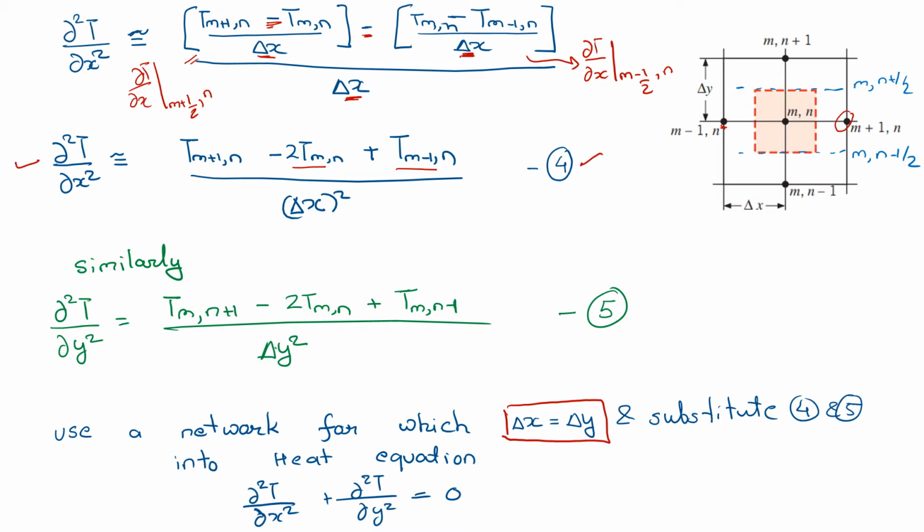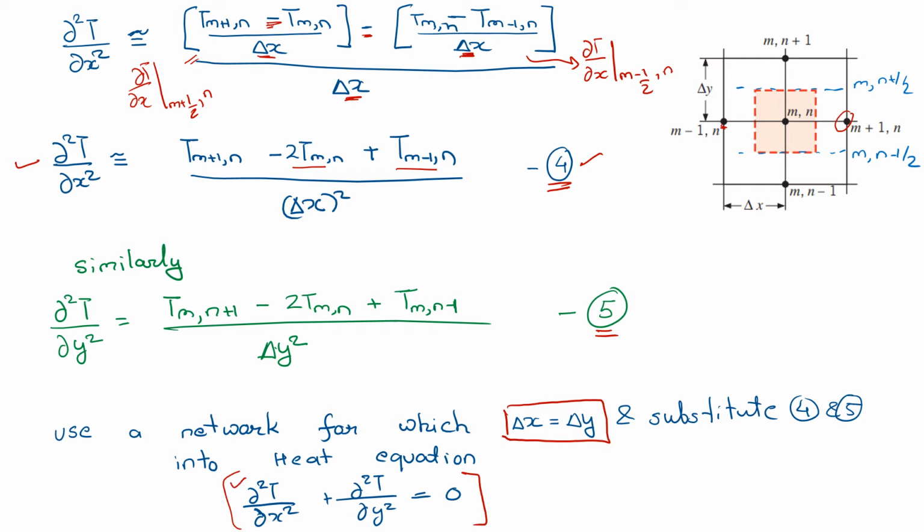Okay, so what we do is that we use a network such that your delta x is equal to delta y, and substitute delta x equals delta y in equation 4 and equation 5, or we use equation 4 and equation 5 and substitute them into our heat equation, which is this equation right here.